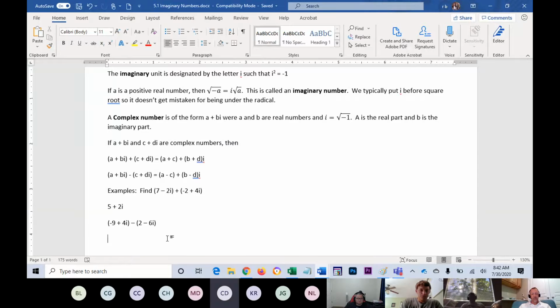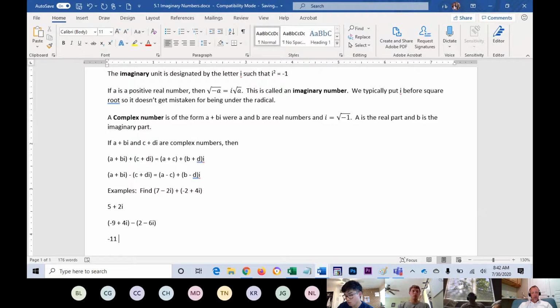So we do -9 minus 2, which is -11. Okay. And then we do 4i minus -6i, which would be 10i. So is that positive or negative? Positive. Plus 10i. All right, so you guys love these on the quiz, right? This isn't too bad.